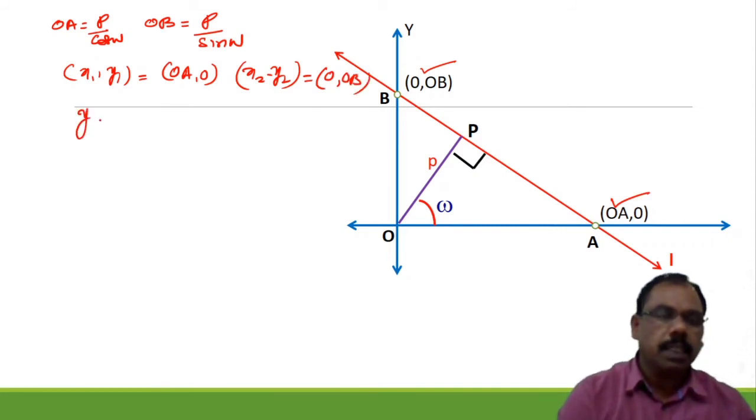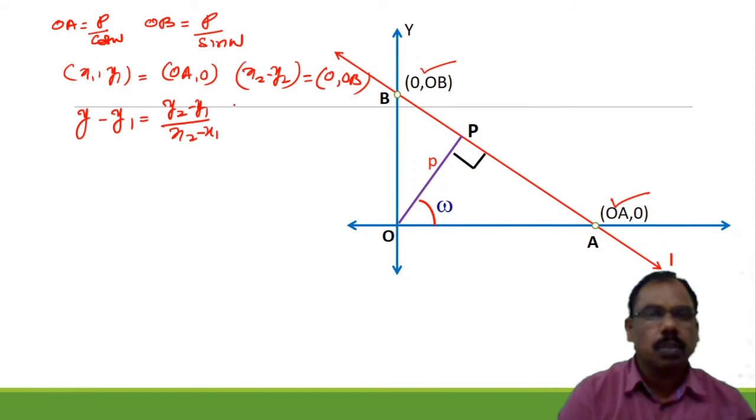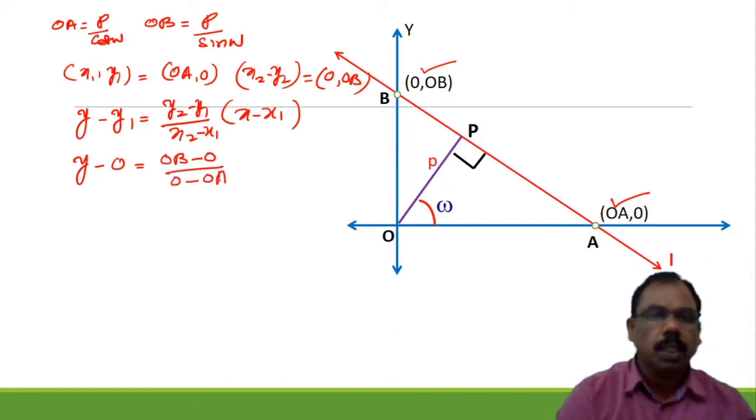The equation of the line is given by y minus y1 is equal to (y2 minus y1) divided by (x2 minus x1) into (x minus x1), or y minus 0 is equal to (OB minus 0) divided by (0 minus OA) into (x minus OA), or y is equal to minus OB divided by OA into (x minus OA).